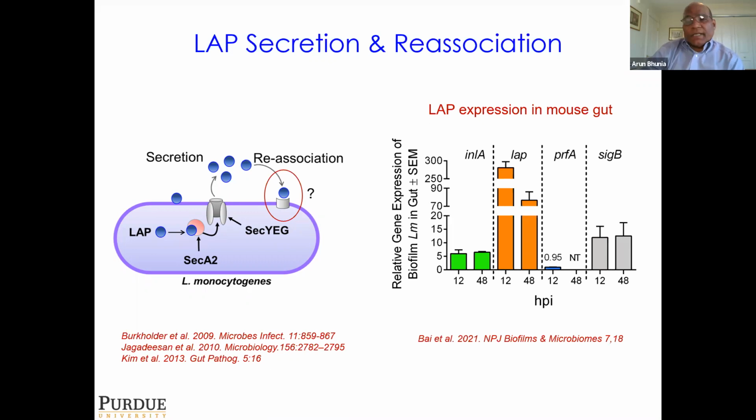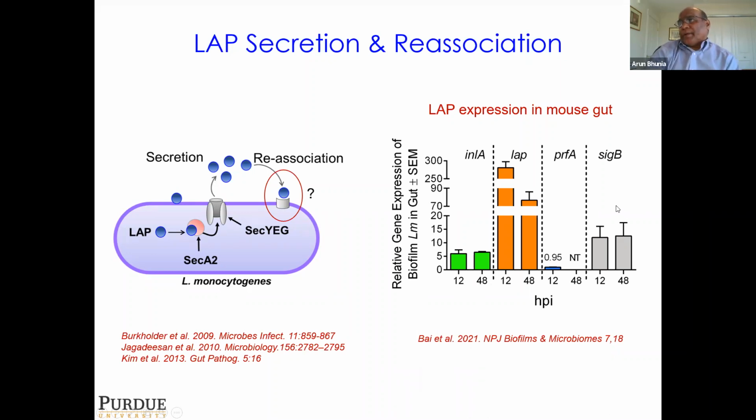Nonetheless, its expression is also very high in the GI environment, in the gut. Recently, we looked at that in the mouse gut, and you can see the expression is really increased. As early as 12 hours, you have a very high level of expression; at 48 hours it is less. But if you compare that with Internalin A, that expression is minimal, and it didn't change much between 12 and 48 hours.